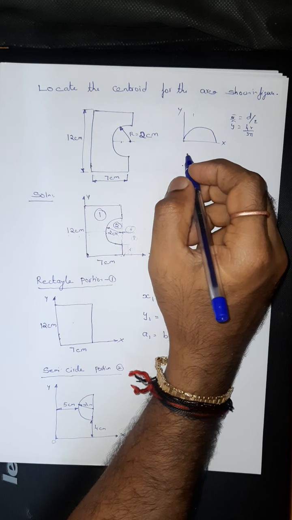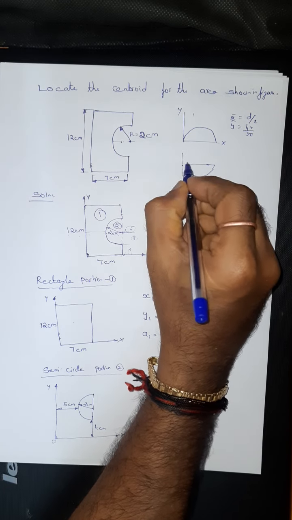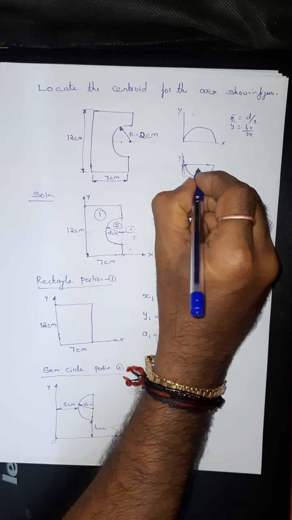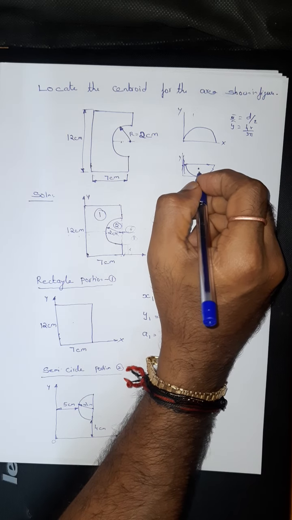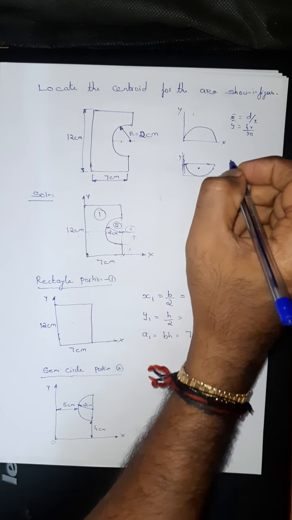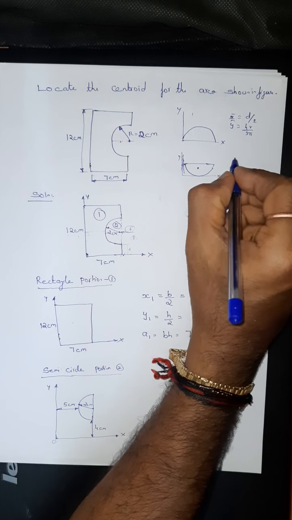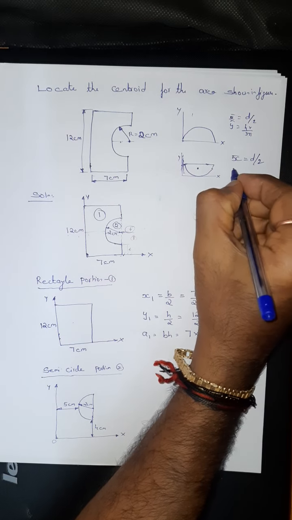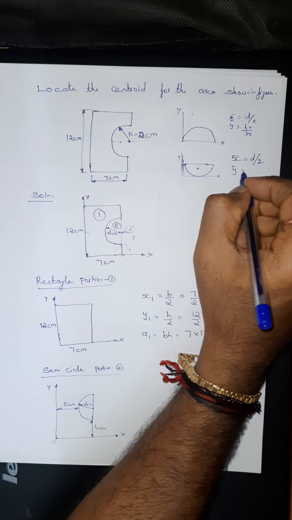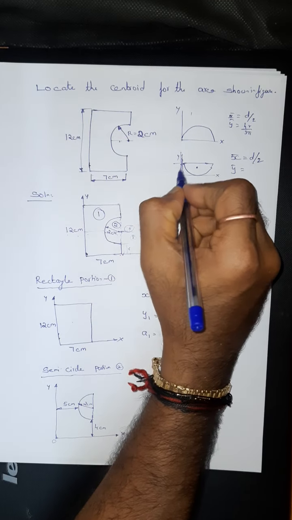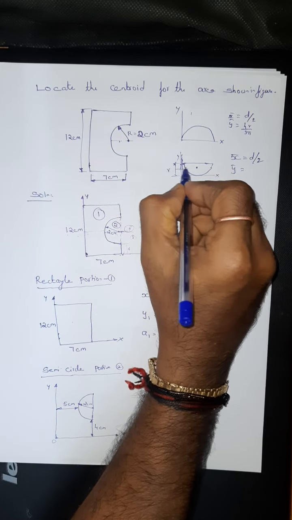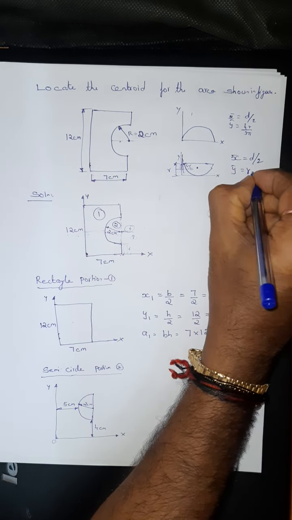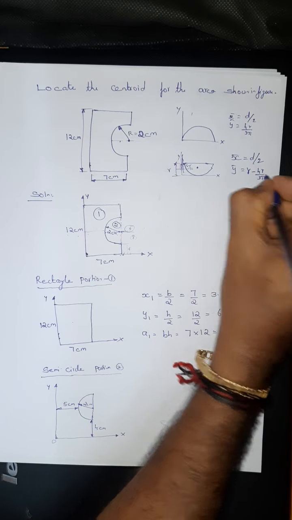Look carefully. This would be the reference axis, x and y. This would be somewhere here, so this lies in the fourth quadrant. In the fourth quadrant, x is positive, y is negative, right? Therefore you can directly mention whatever it is in the x-axis. And for y, which is negative, the total is r, but up to here it is 4r by 3 pi. So this can be written as r minus 4r by 3 pi. Got it?